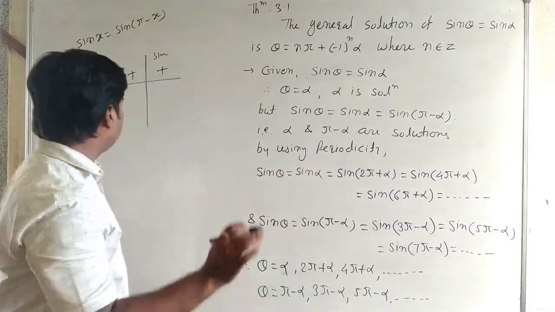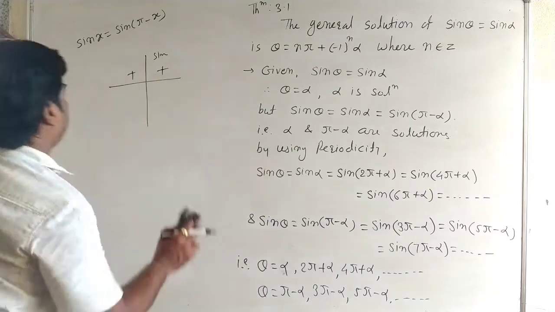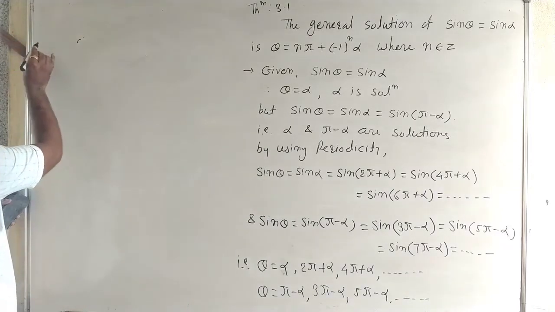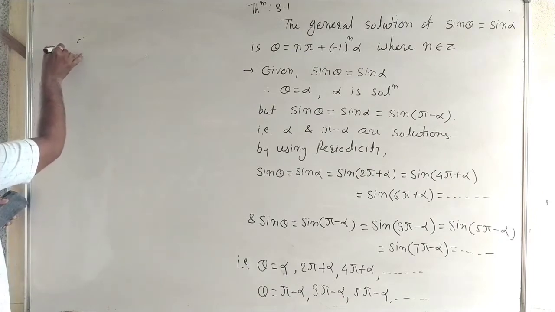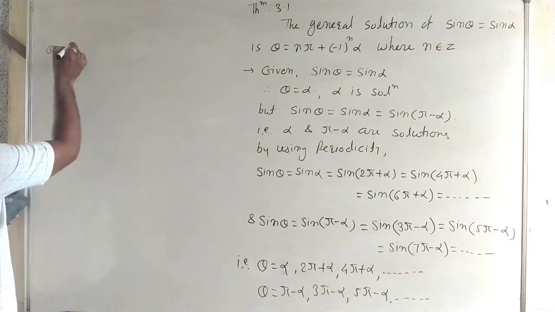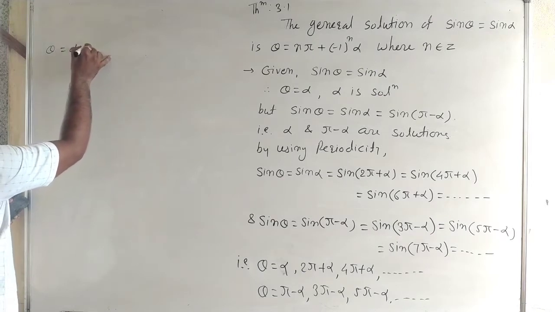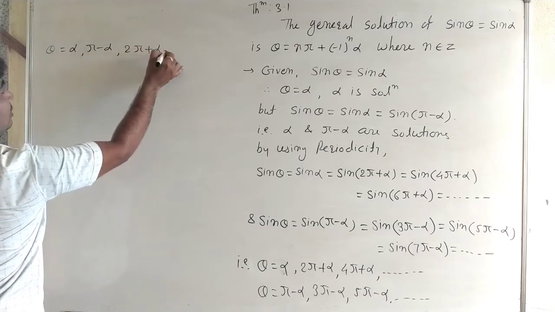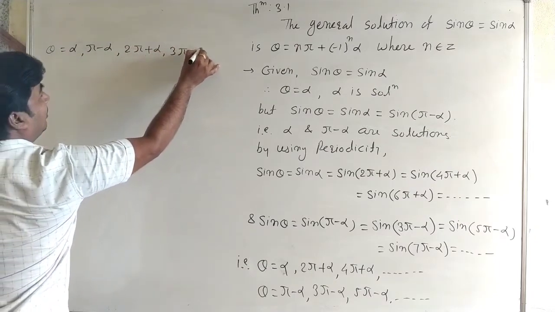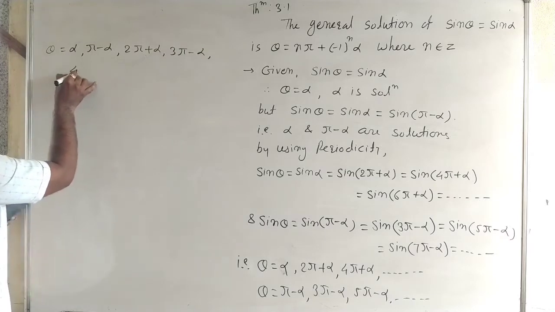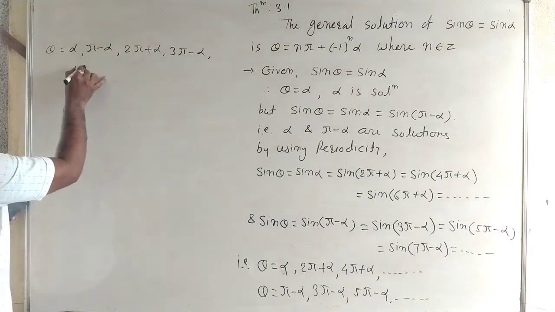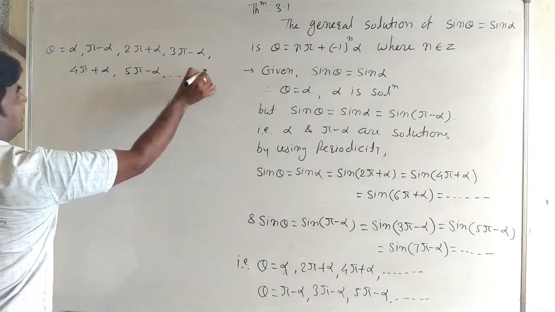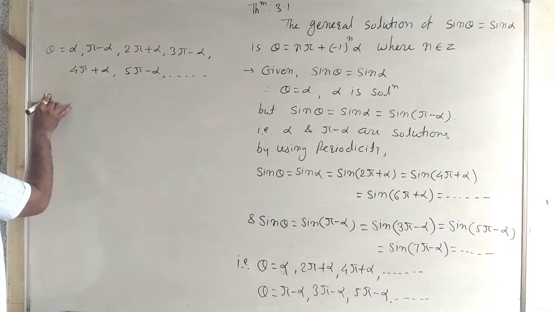Here this general solution we can write combinedly. Therefore theta is equal to alpha, then pi minus alpha, 2 pi plus alpha, 3 pi minus alpha, 4 pi plus alpha, 5 pi minus alpha, and like that.